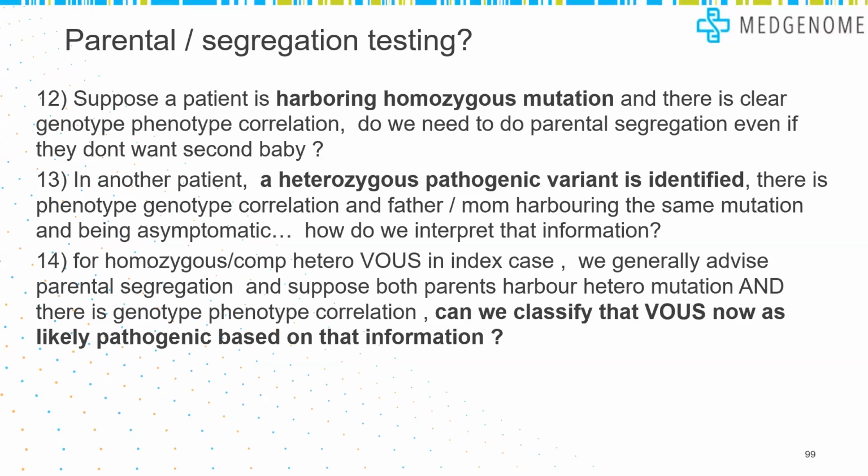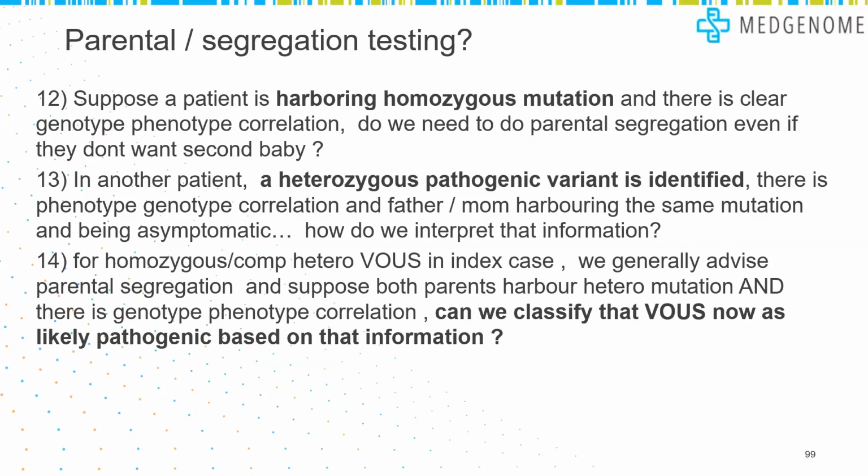Another question he has asked is: for a homozygous or a compound heterozygous VOUS, we advise parental segregation. Both parents harbor the heterozygous mutation, and genotype-phenotype correlation is there. Can it be classified as likely pathogenic?